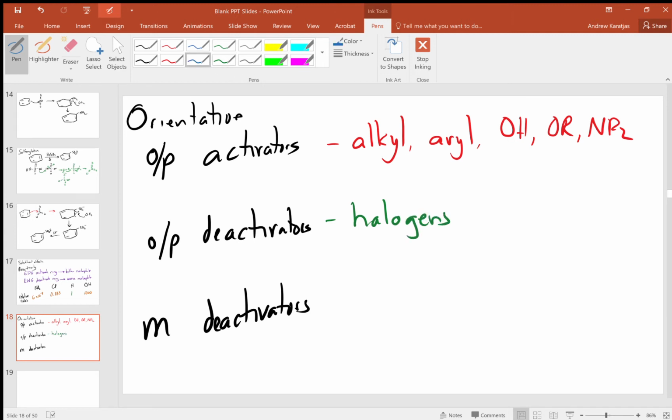And the meta deactivators are things like nitriles, carbonyls, nitro groups, and ammonium groups. So why is it that each one of these groups has this kind of effect on reactivity?